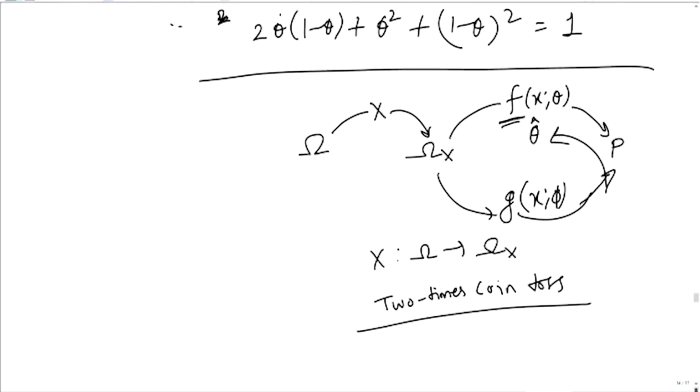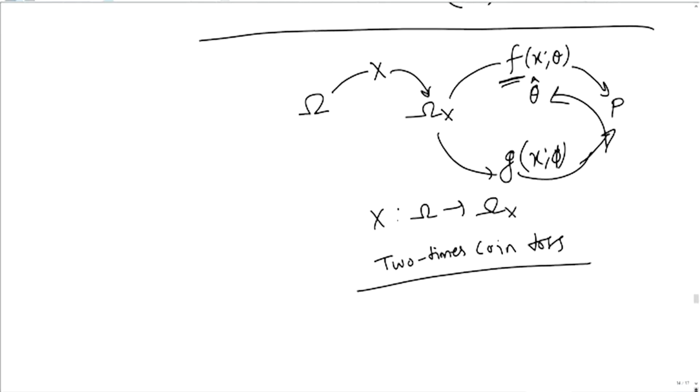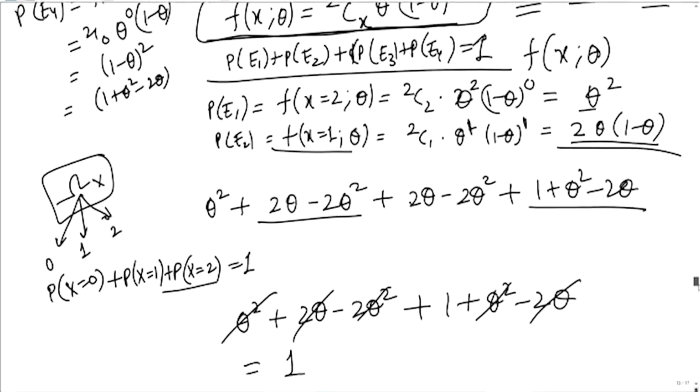Because it's a function, you can define its domain and codomain. Just think about it. Domain is the set of all possible values that this function can take as input, and codomain is the set of all possible values that this function can give as output. So just think about it. What would be the domain and codomain for this 2 times coin toss example? This is a little exercise for you.